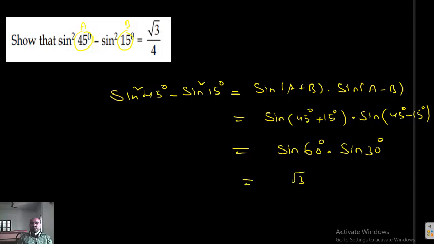Sin 60 is root 3 by 2, sin 30 is 1 by 2, so finally the result is root 3 by 4.